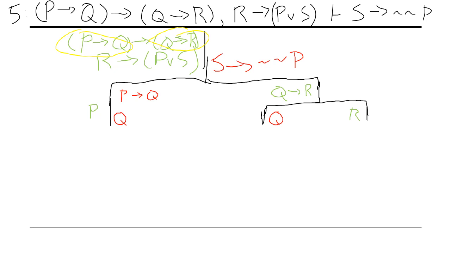Just in case. Well, now we're done with the first premise, so let's look at the second premise. Our second premise is also a conditional. So we're going to branch it out into if the left side is false, the right side is true.